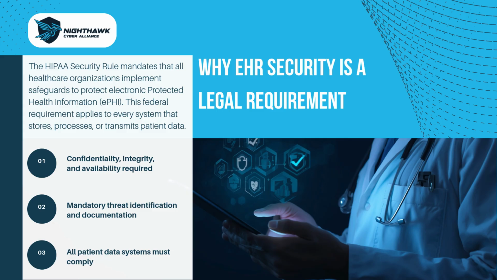The rule requires three things: confidentiality, integrity, and availability of patient data at all times. Organizations must also identify and document potential threats to EPHI, and every patient data system in the organization must comply. This is not optional, and it is not limited to the IT department.